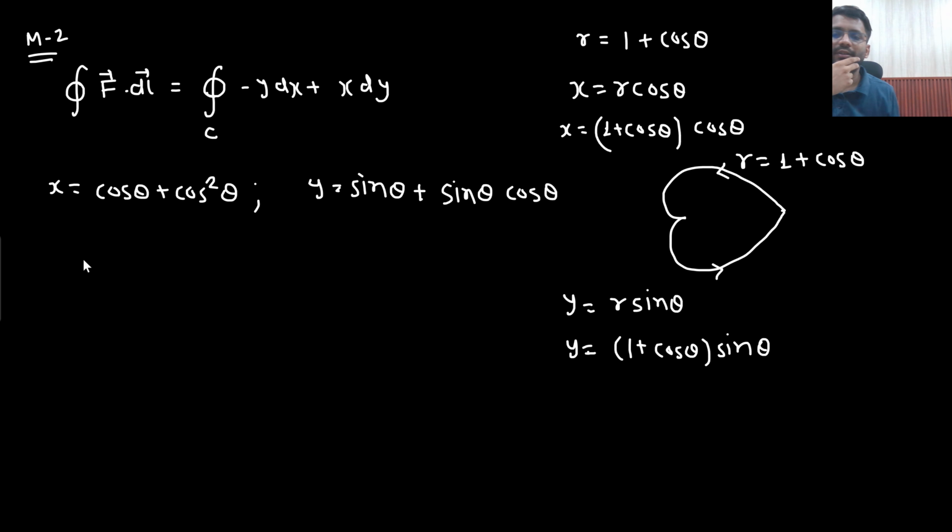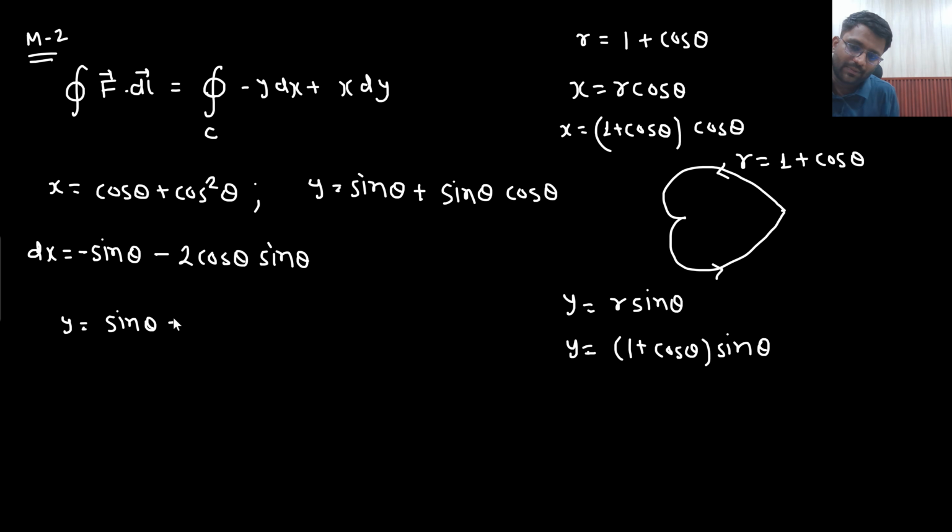Now dx you need to find out. So what will be your dx? dx will come out to be negative sin theta, plus 2 cos theta times the differentiation of cos theta, which is negative sin theta. So this is the dx that you are getting, let it be. And what about y? y could be written as sin theta plus sin 2 theta divided by 2. Again, the calculation will go complex here.